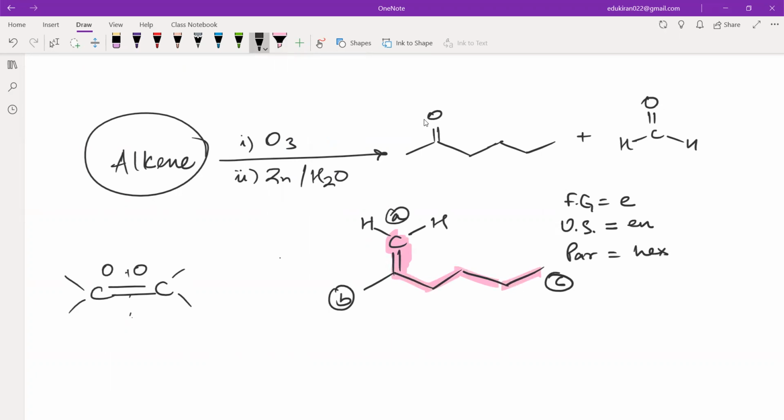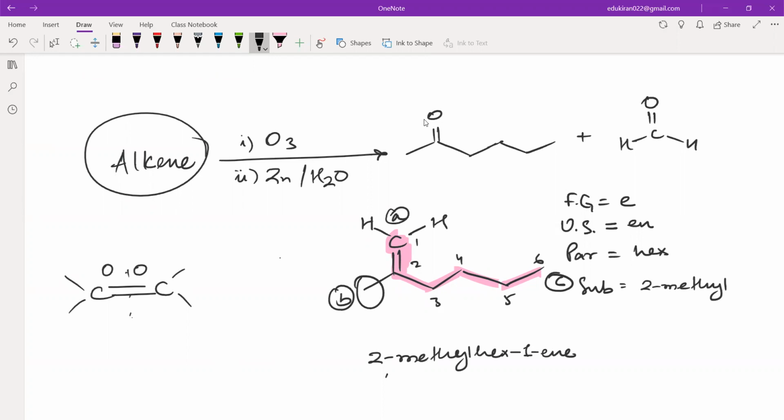Then we have got one substituent that is on the second carbon. 1, 2, 3, 4, 5, 6. We will start naming with the terminal which is nearest to the alkene. So the substituent will be 2-methyl, so 2-methylhex-1-ene. This is going to be my alkene.